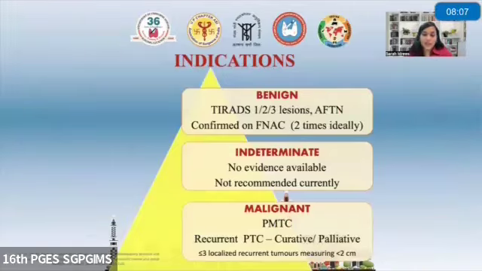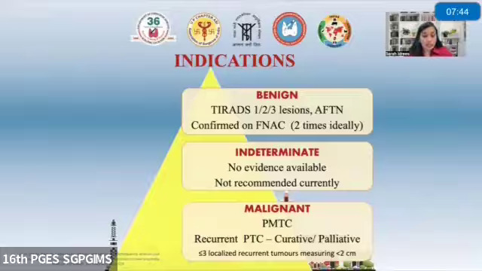Coming to the indications of ablative procedures in thyroid nodules, we all know that TIRADS 1, 2, and 3 lesions or AFTNs in patients who are high risk candidates for surgery or radioactive iodine ablation can very easily be subjected to ablative techniques.